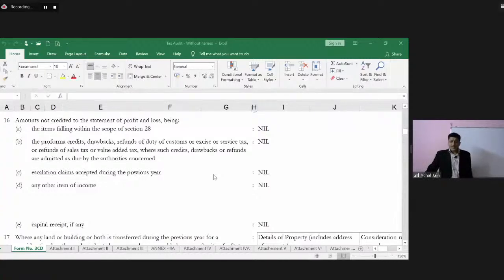Escalation claims accepted during the previous year, any other item of income, or if there is any capital receipt.